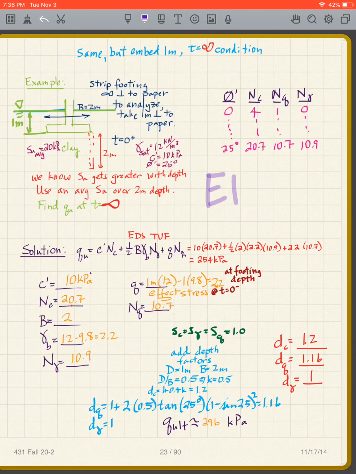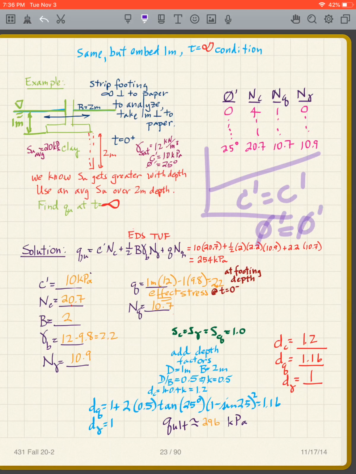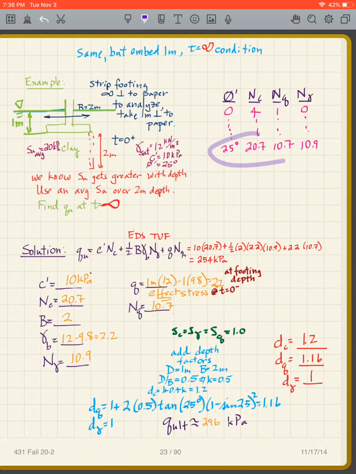So if we are effective drained slow, then that goes back to what we had before, which is our failure envelope looks like that, and so what do we have? C prime equals C prime, and the angle is phi prime. So we now have that failure envelope, and again we can get our values, which we put in there.